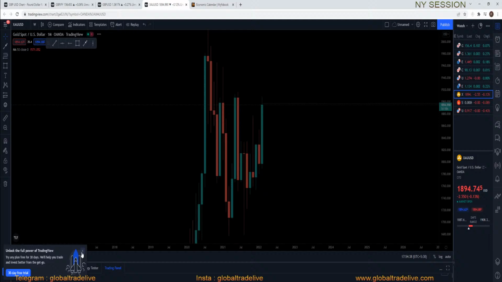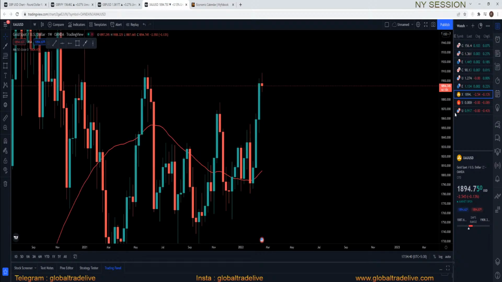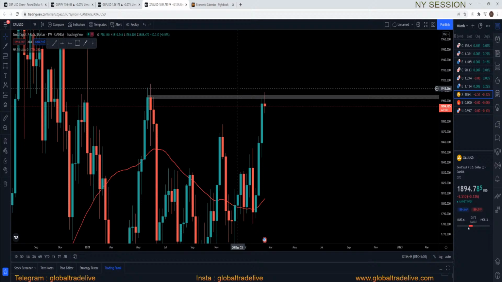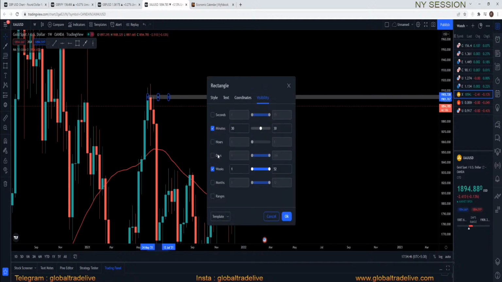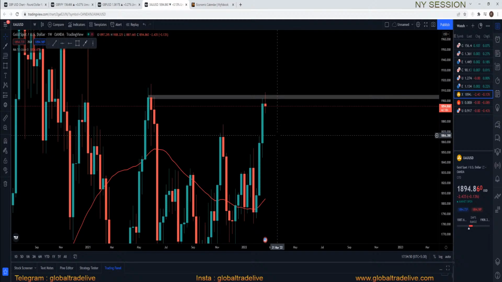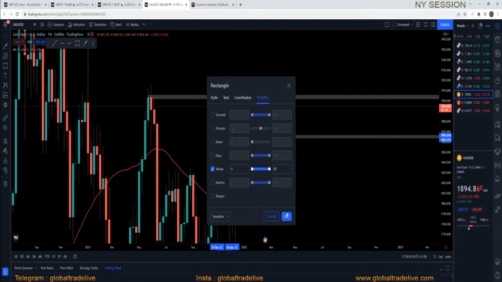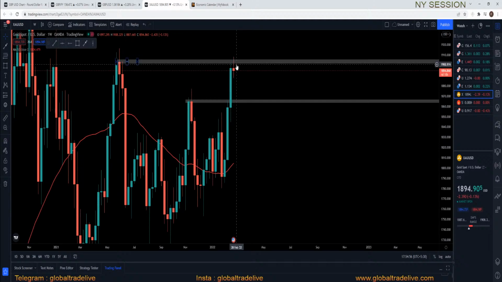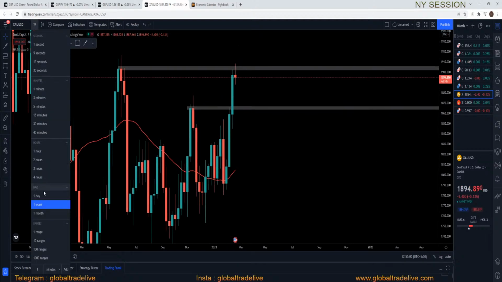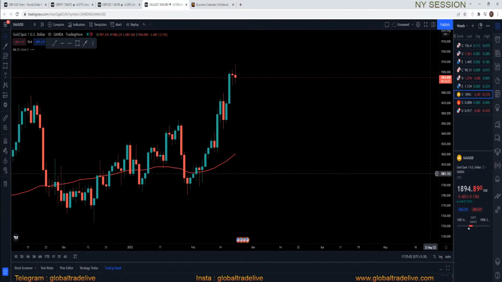If we look at the weekly over here, weekly is at a very strong zone. So that means it can move down as well from here, and the target will be this area first. So it can move down to this level and then it can move up from here. Okay, so that's why it's kind of moving down.